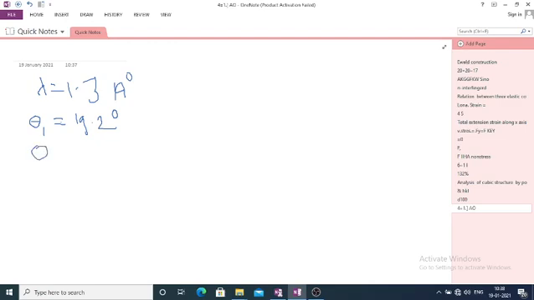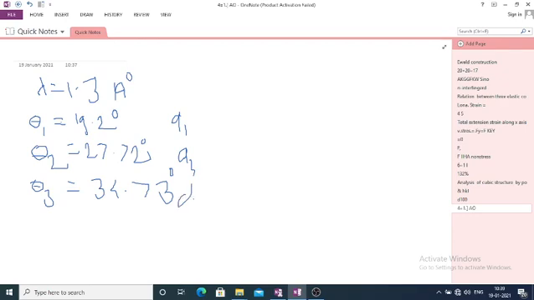Second is 27.72 degrees. Third is 34.73 degrees. So these are for parallel planes having interplanar distances d1, d2, d3, meaning d100, d110 and d111.